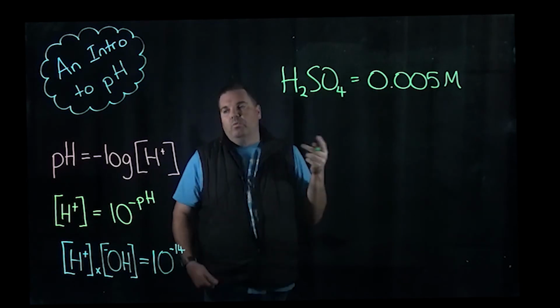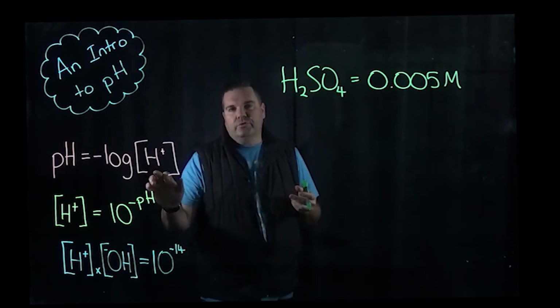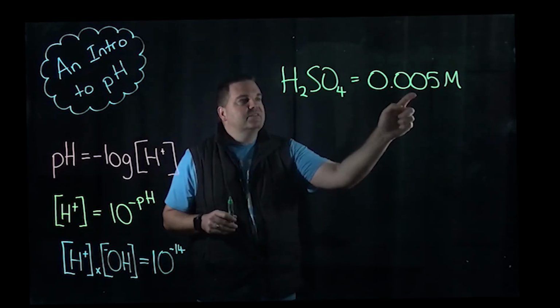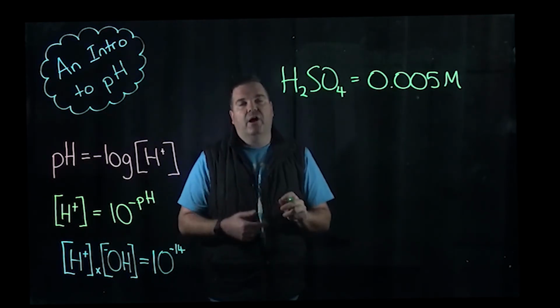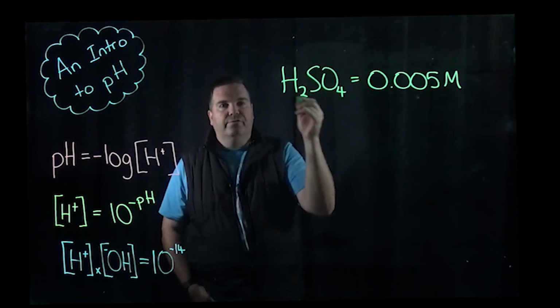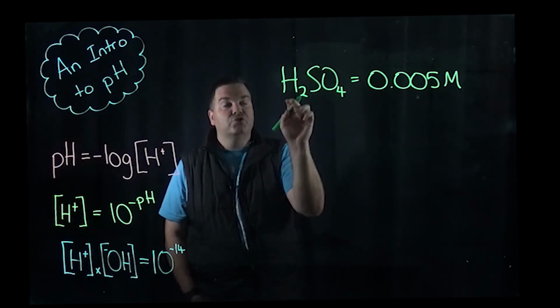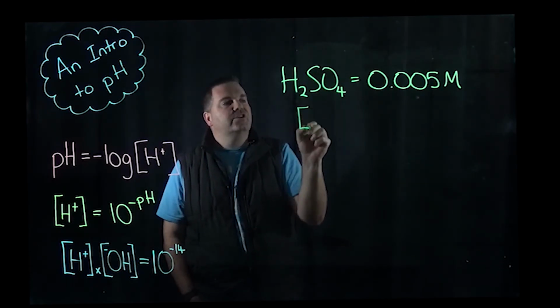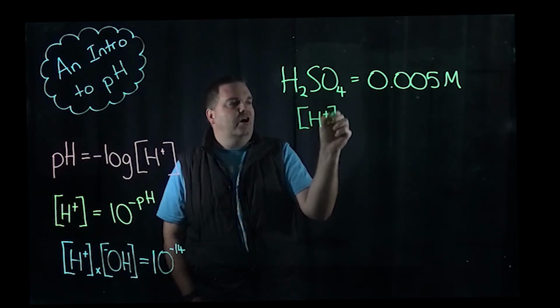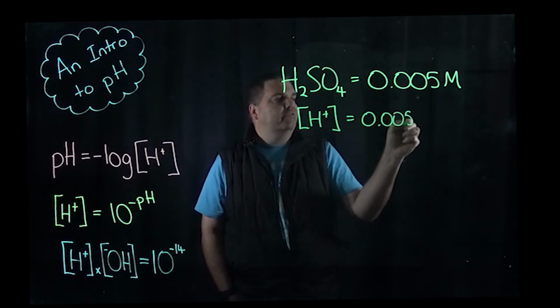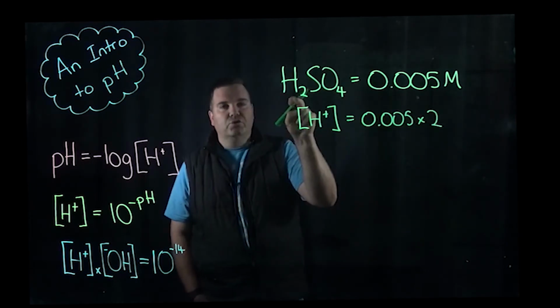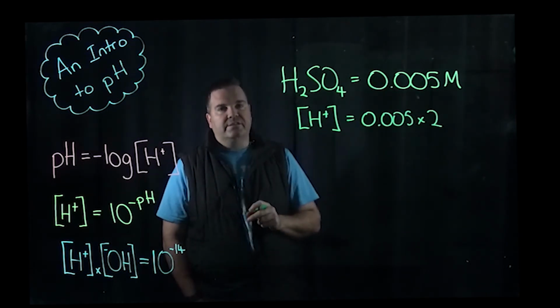So if we've got sulfuric acid, which is an example of a diprotic acid because it's got 2 protons in there, and that has a concentration of 0.005 molar, how do we work out the pH? Well, the thing you've got to remember is that we need the concentration of H+. This is the concentration of the sulfuric acid. If we're looking at the hydrogen in here, every sulfuric acid molecule actually has 2 hydrogens. So the actual concentration of the hydrogen ion is 0.005 times 2, because there are 2 hydrogens within each sulfuric acid molecule.